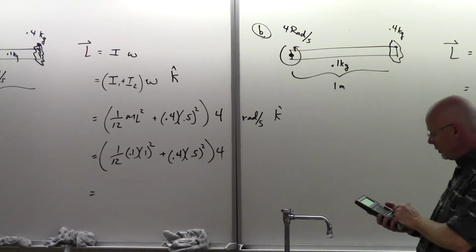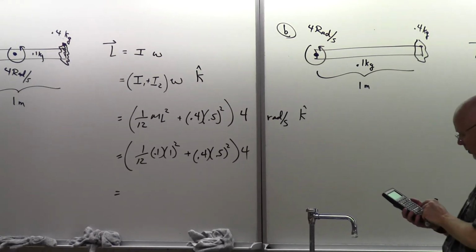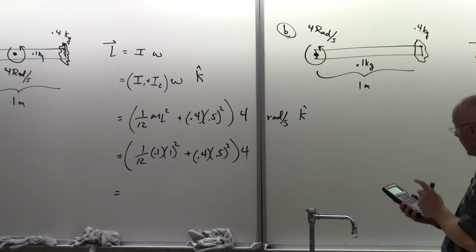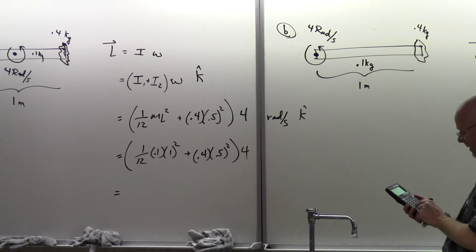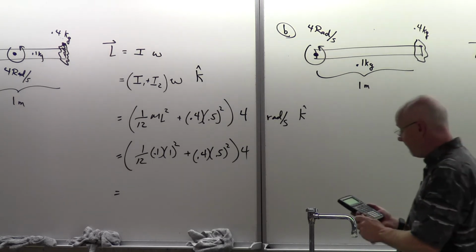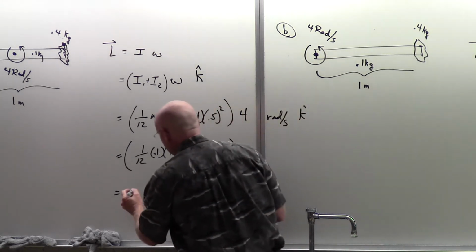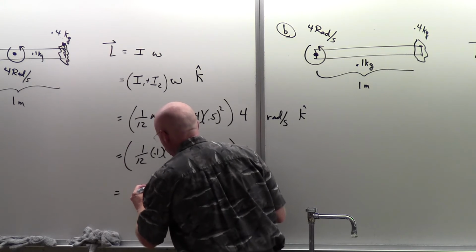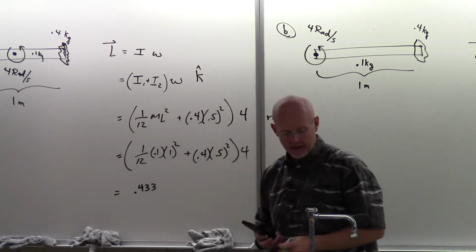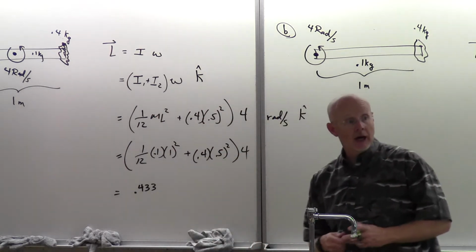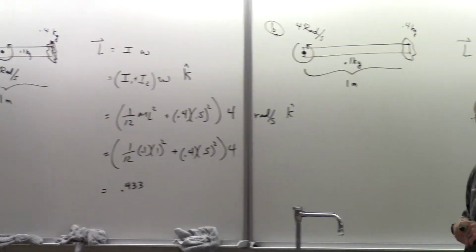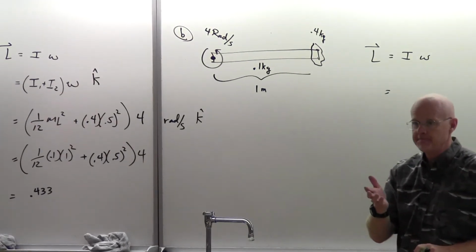So 1/12 times 0.1 times 1 squared, I guess I didn't need that, added to 0.4 times 0.5 squared. Take that whole thing and multiply by 4, and I get 0.433. And again, since a lot of this is new to you, what would the units be?